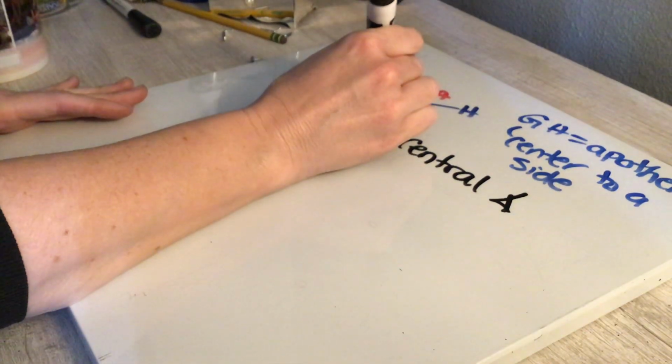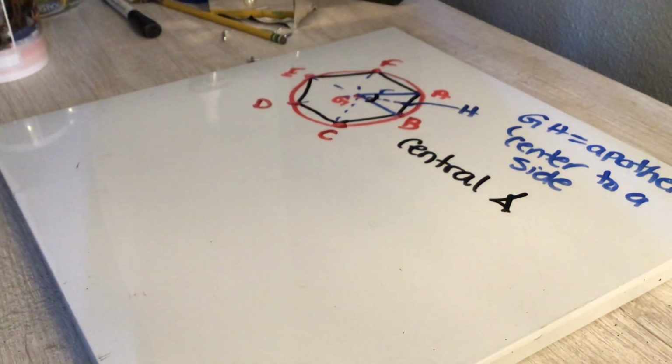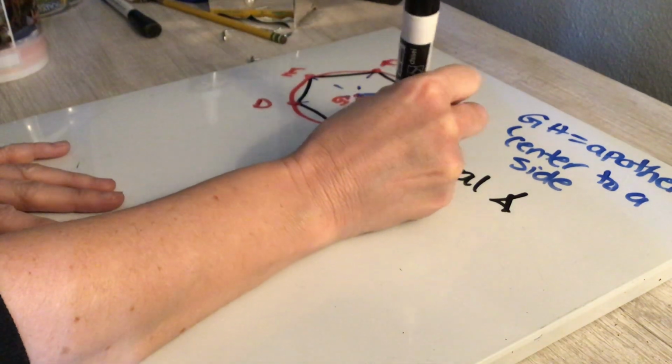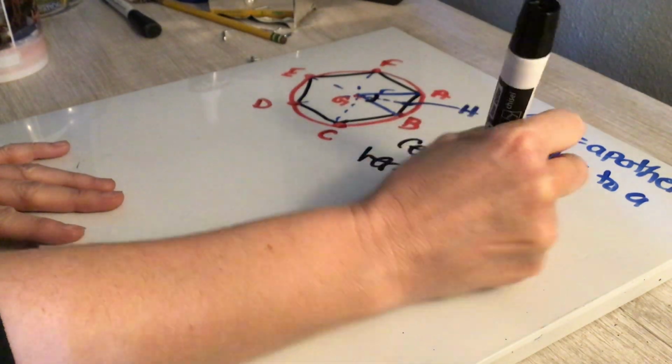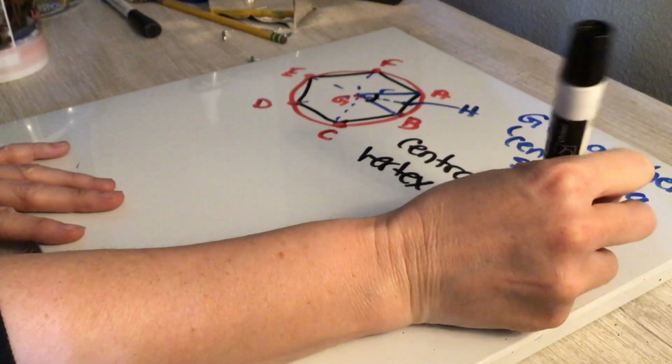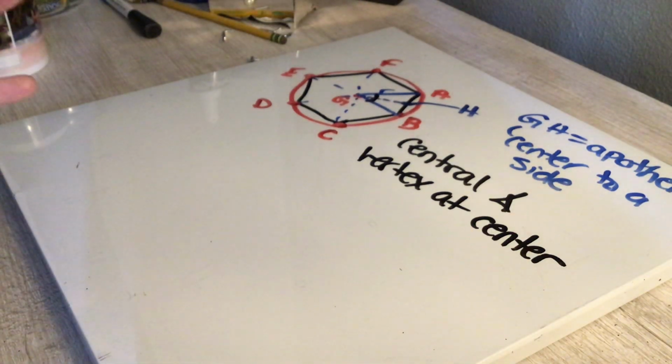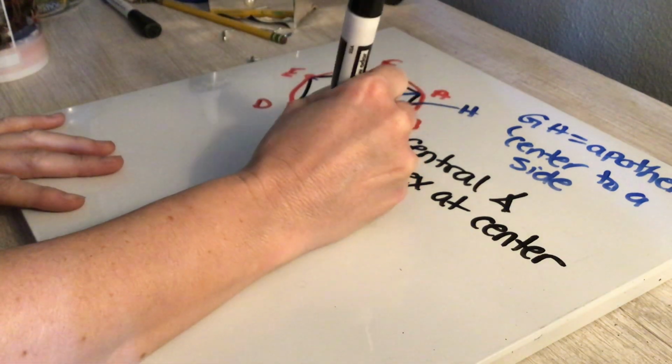The central angle is this one here, at the top of the triangle, opposite the side of the polygon. The central angle has a vertex at the center, and the sides connect the center to two consecutive vertices.